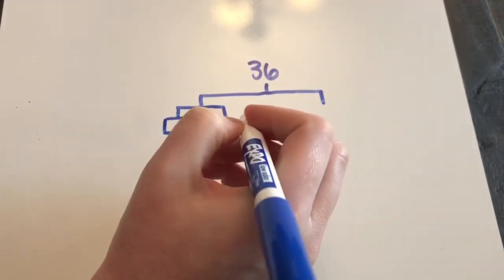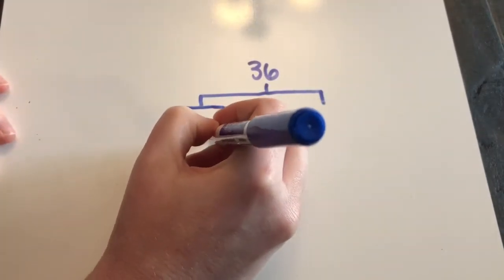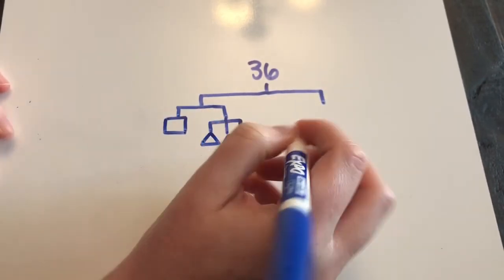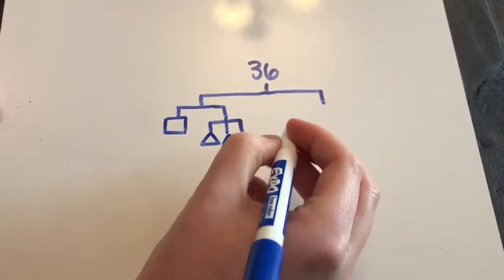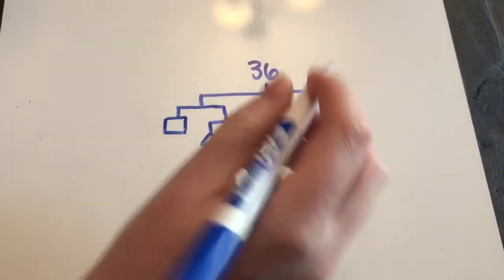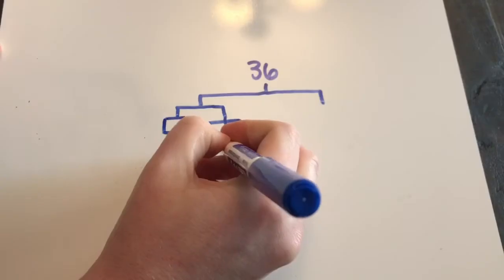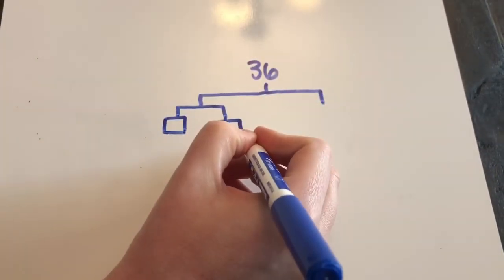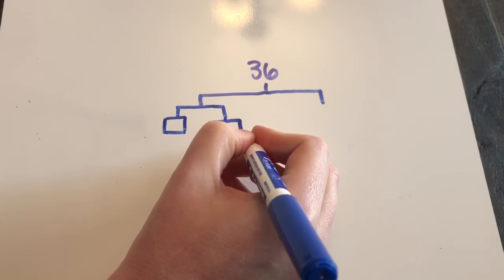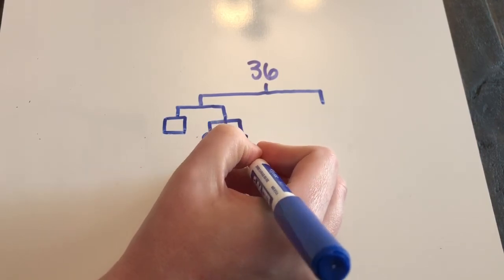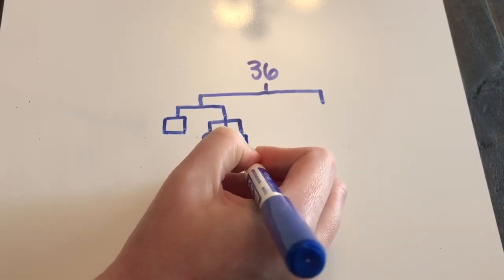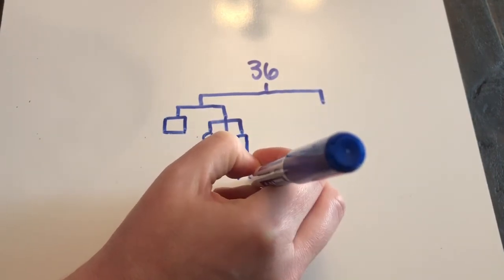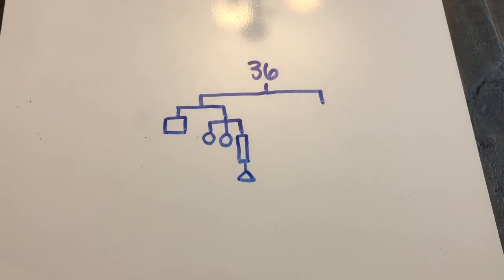I'm going to put a triangle here. I'm going to put a triangle here, and I drew this too small. Hold on. Okay, I changed my triangles to circles, and then I'm going to put a long rectangle and a triangle here. Okay.